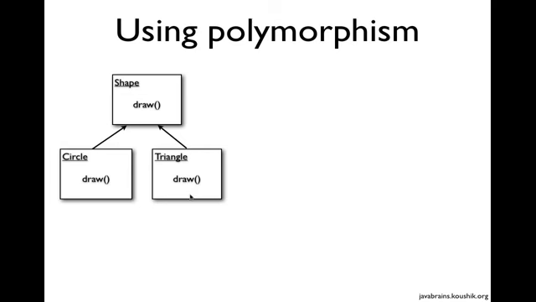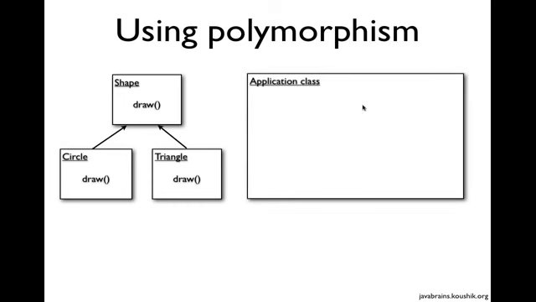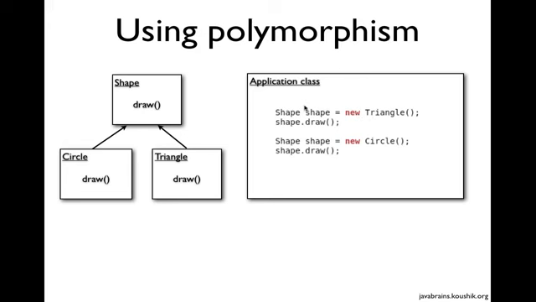Now if I have to use polymorphism in my application class, I would write code like this. Instead of instantiating a triangle, I would say Shape shape equals new Triangle. Instead of saying Triangle equals new Triangle, I'm going to put this inside a Shape object. Similarly, I'm going to instantiate a circle and put it inside a Shape object.